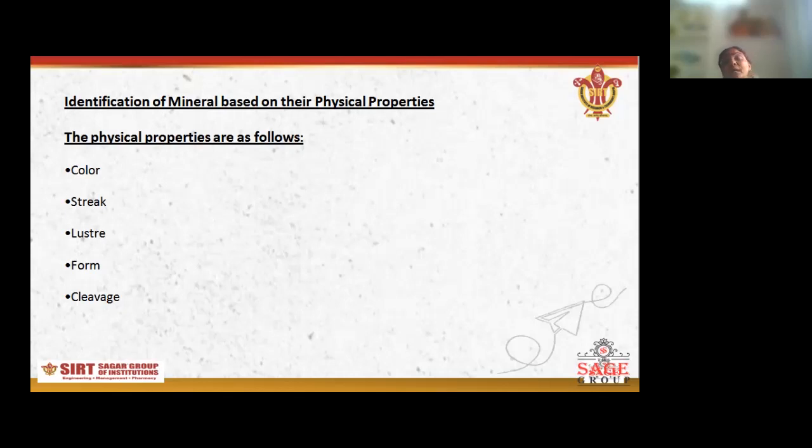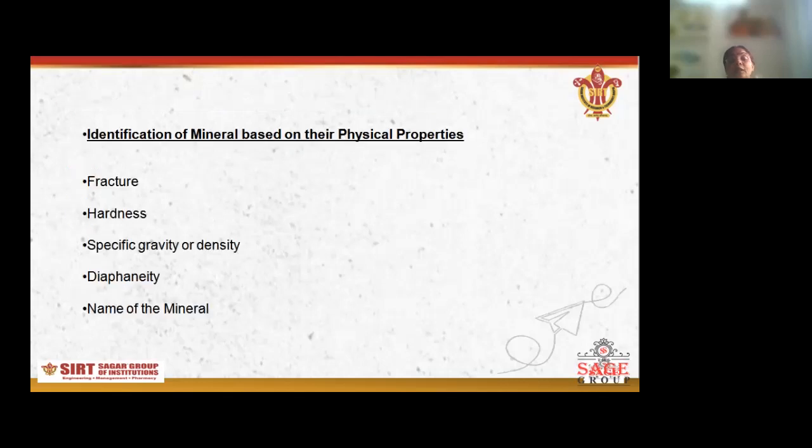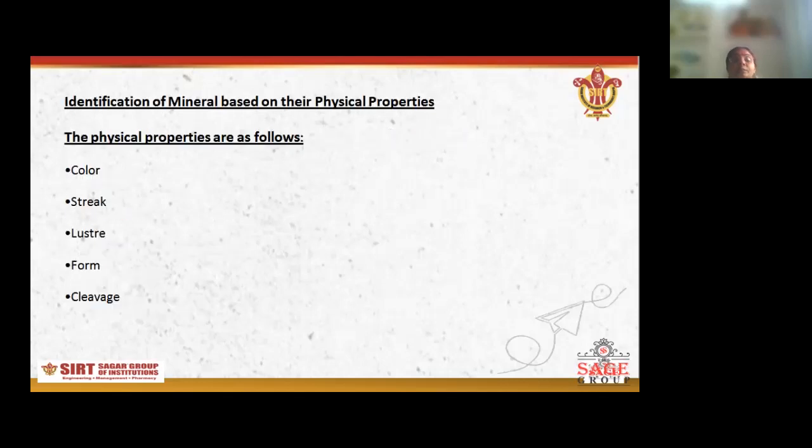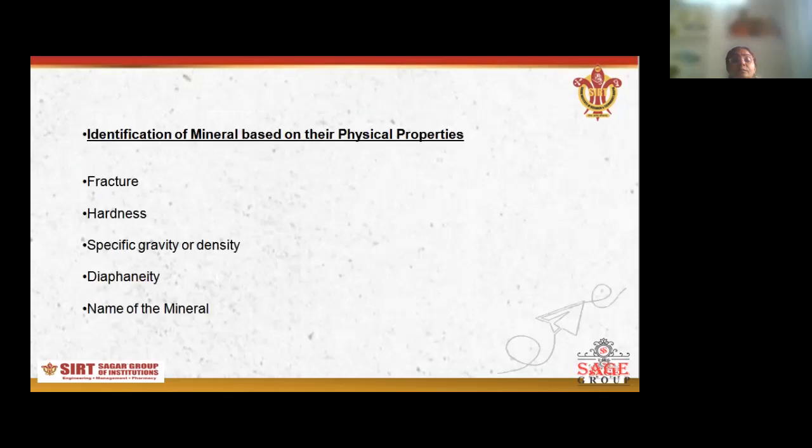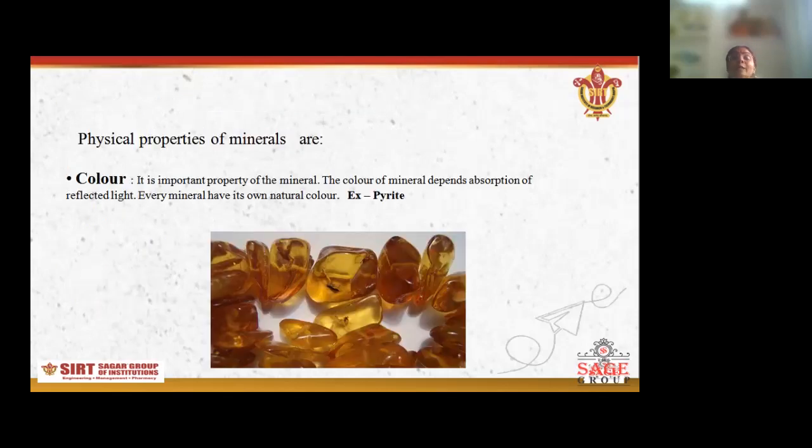And some minerals also have their own color, like in this picture. This is a yellowish color. Every mineral has its own independent, different color.